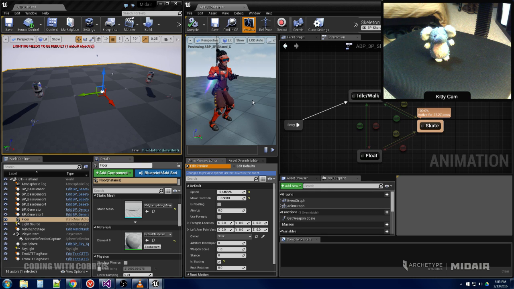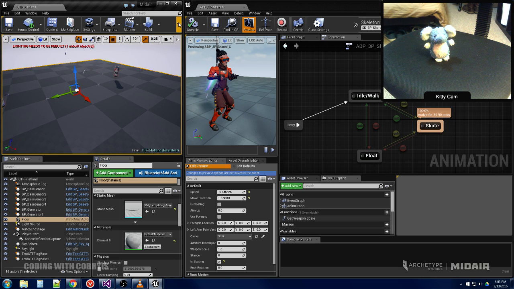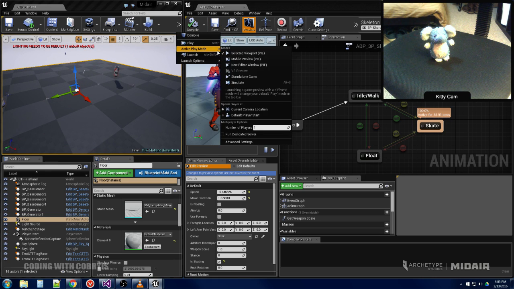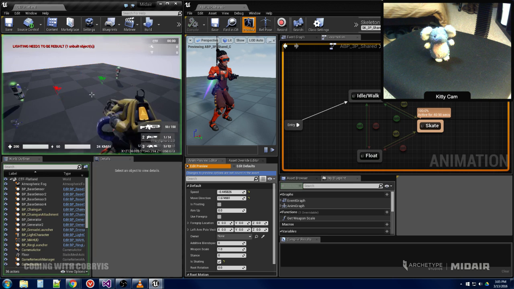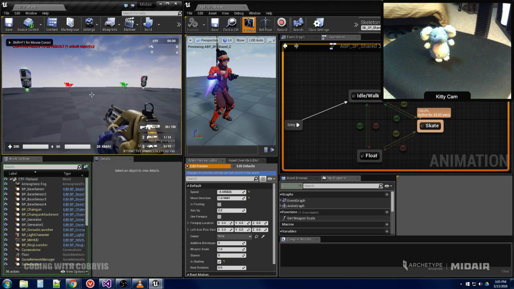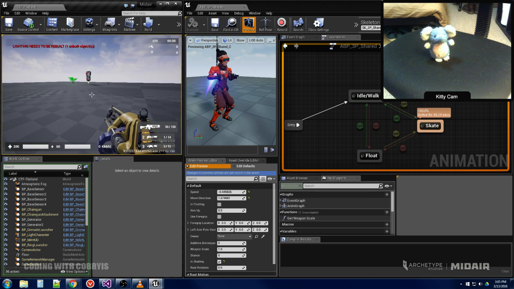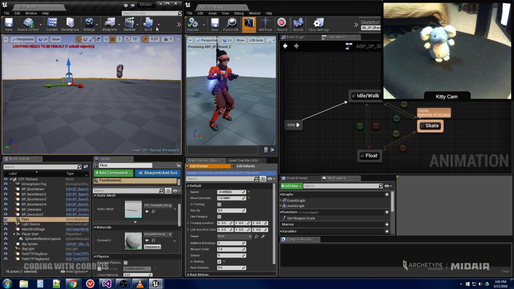The problem I've got to work on today is how to make their direction determined irrelevant of the actor, the capsule direction. So what I mean by that is if I start the game, I start at 2 players actually.